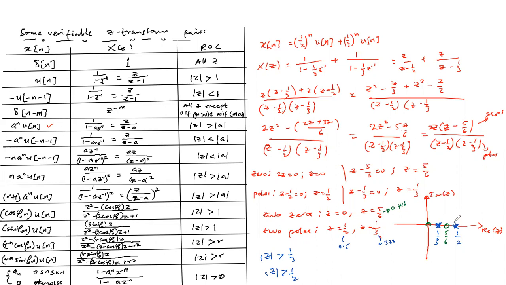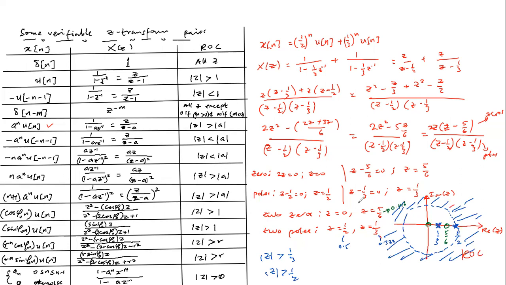But since the region of convergence must not include any other pole, the region of convergence will be the region outside 0.5. So this will be the region of convergence, because it must never contain any other pole, so it must not contain this pole. So it's going to be all of those sides.